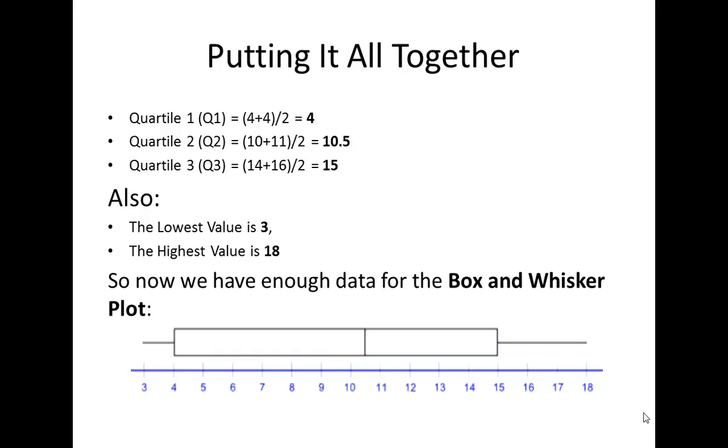Draw a line in the box at the median. Then draw your whiskers from quartile 1 extending down to the lowest value in the list, in this case 3, and then drawing another line on the right side of the box extending to the right to the biggest value in the list, in this case 18.